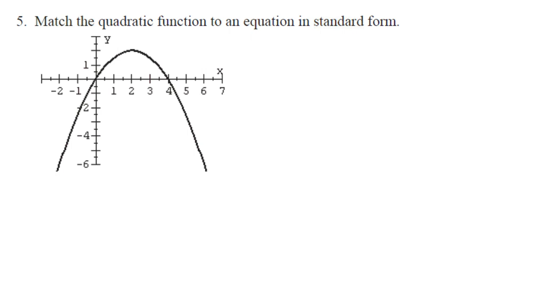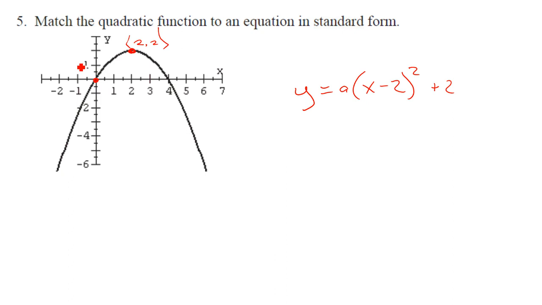Now, match the quadratic function to an equation in standard form. We could do this without matching it. We could say here that our equation is y equals a(x minus 2) squared plus 2, because the vertex here is at 2, 2. And then we just need to plug in and find a.